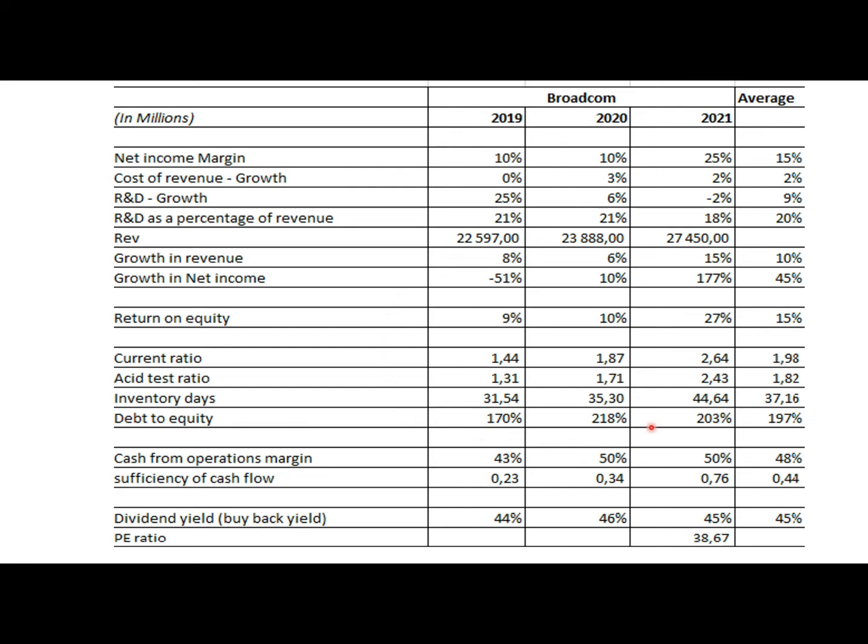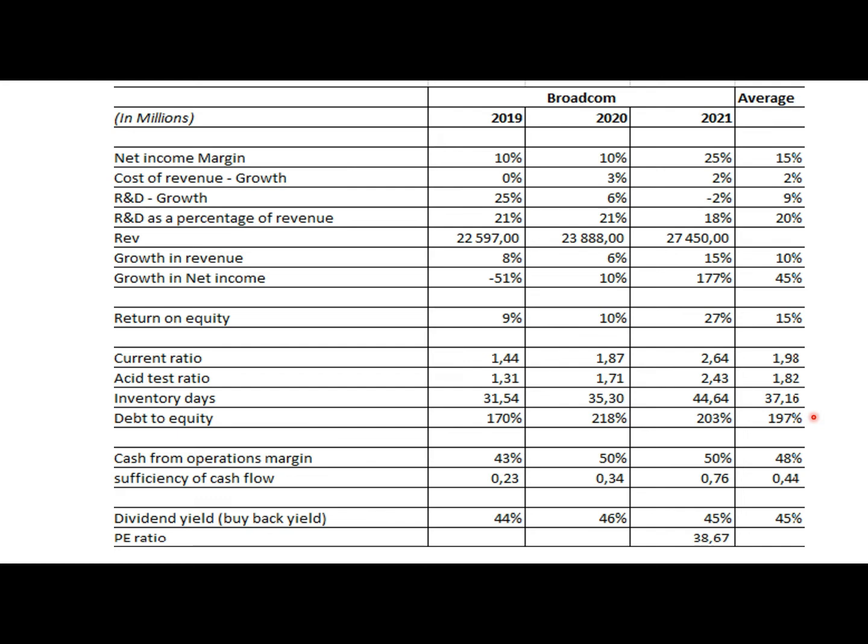Broadcom on average has been quite productive in achieving returns on capital invested and has been productive in the use of its debt. However, at almost 200% on average, above the industry average of 126%, very risky. Very, very high debt levels that make me a bit nervous.